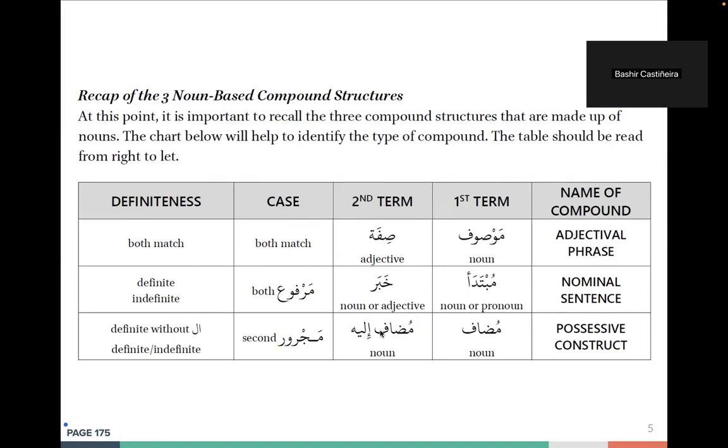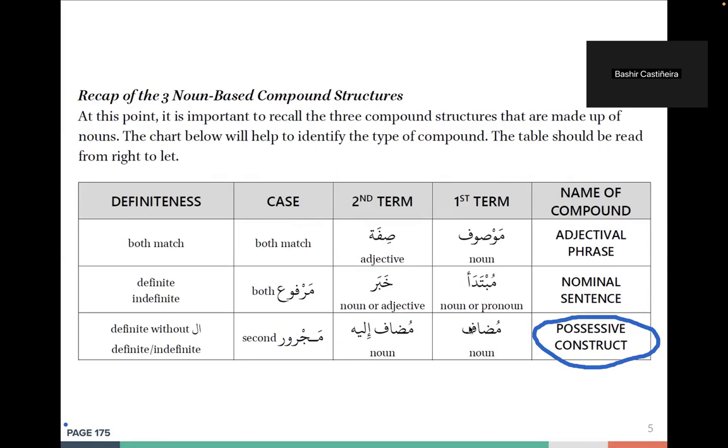Now let's come to what we're studying and discussing today. The third possibility, the possessive construct, al-idafa. As a lot of grammarians call it, al-Mudaf wal-Mudaf ilaihi. You will find in many grammar books that it is referred to as al-Mudaf wal-Mudaf ilaihi.